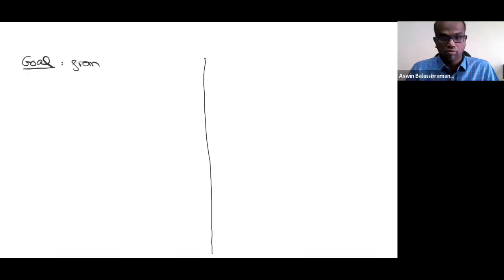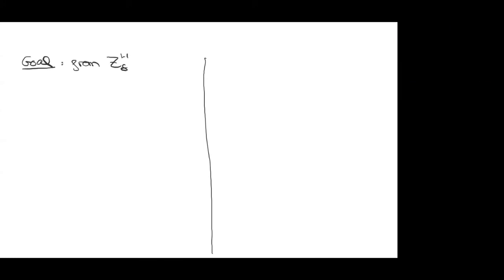Right. So the goal is, from Z_delta, say delta, to build C_delta. So I've changed the notation, right? But I know the degree.